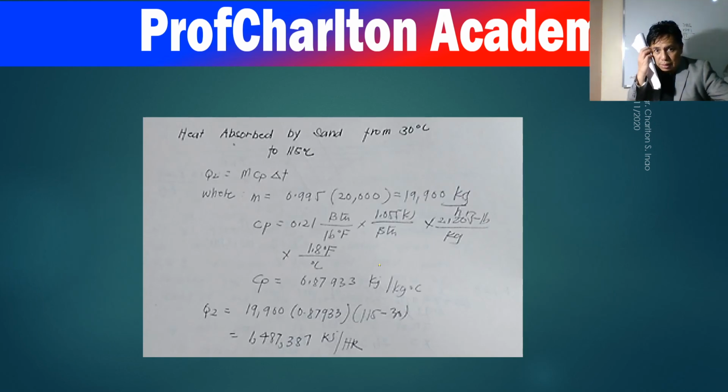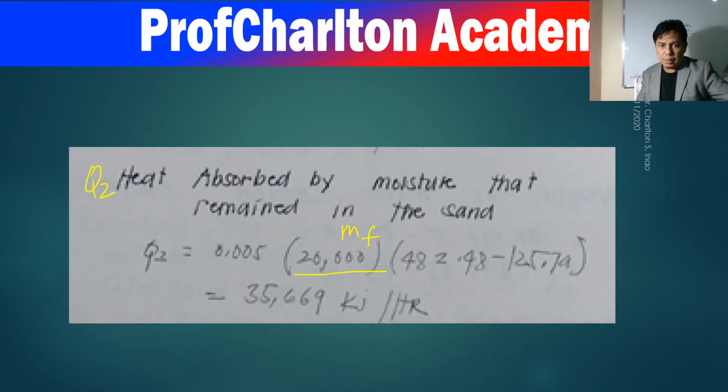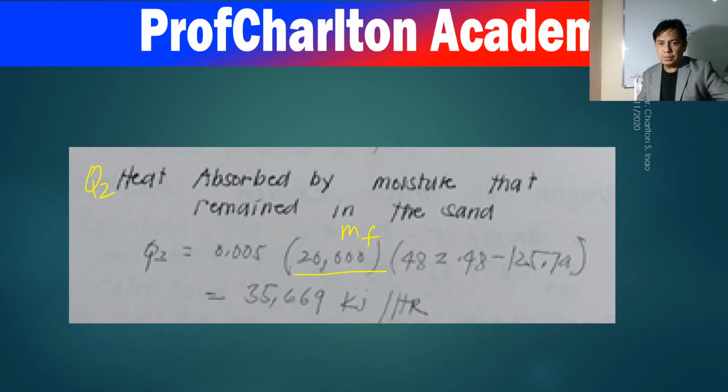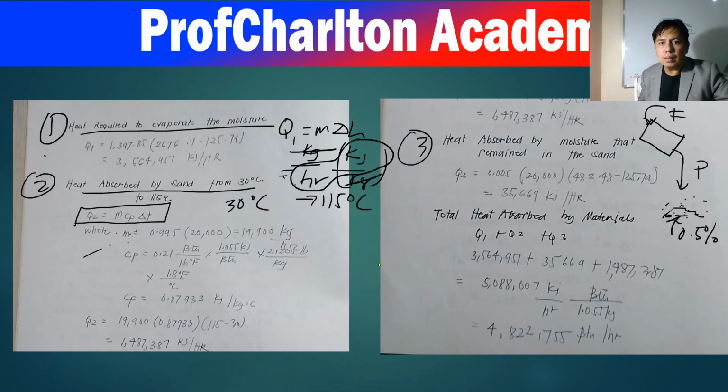Where did we get that? Yeah, 35669 Q1 Q2. Let me go back here. Q2. Yeah, here. So Q2 is this, right? This is Q3. This is Q2.